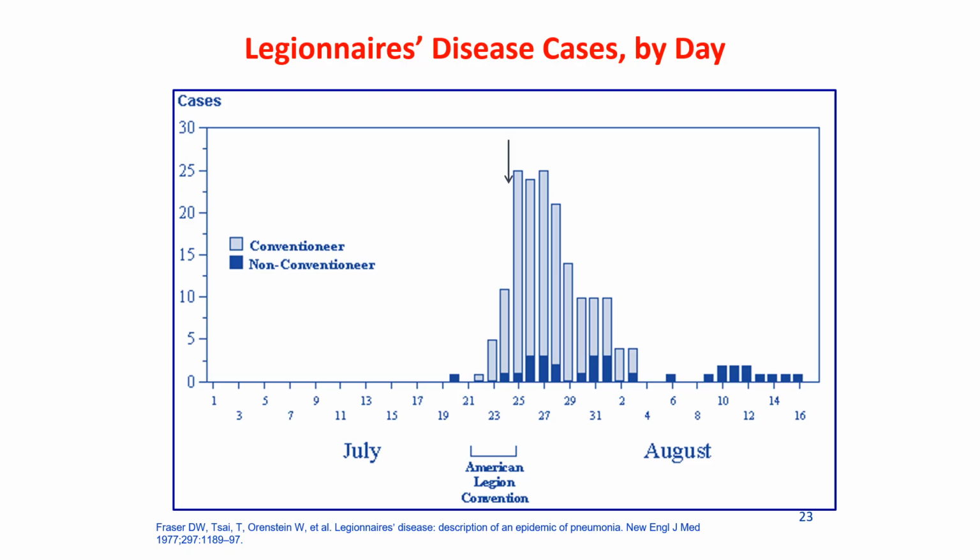This may indicate the latency period. People got infected during the convention and got the disease clinically after that. And following August 2nd and 3rd, the number of cases decreased dramatically.